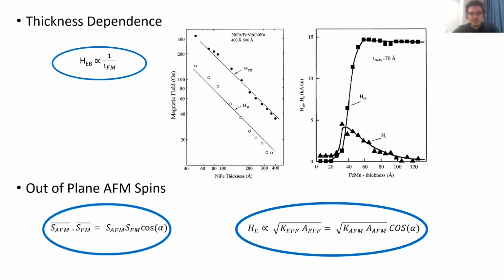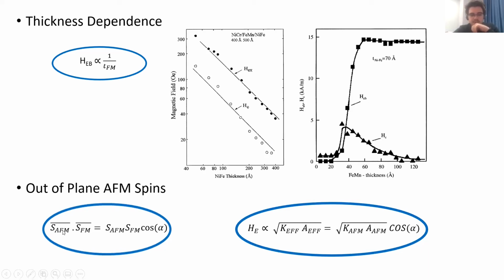And also out of plane AFM spins may affect the exchange characteristics. What if we have all spins of the antiferromagnetic layer out of plane? There are two types of theories which can explain that. Both theories give the same correct result.